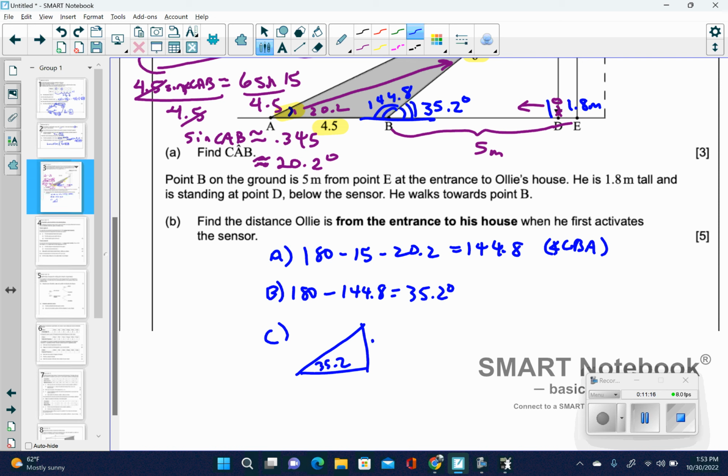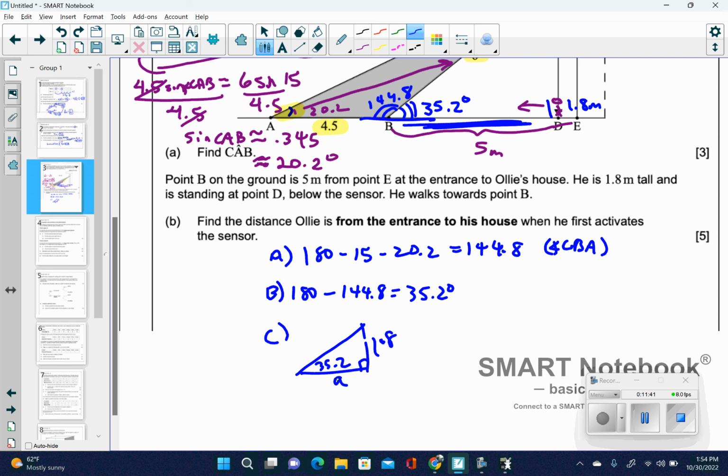I know his height is 1.8 meters, and this is a right angle. Okay, so we can use some right angle trigonometry here. So just 1.8. All right, so we want to go ahead and see if we can find out what this distance is from here to here. So from where Ollie is.